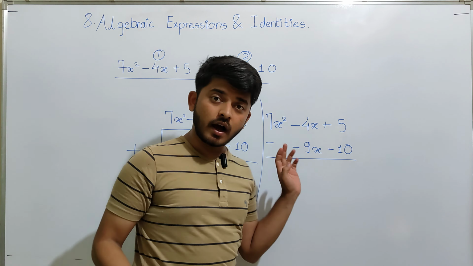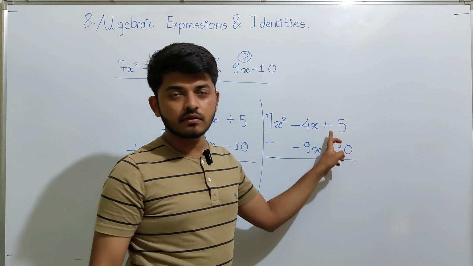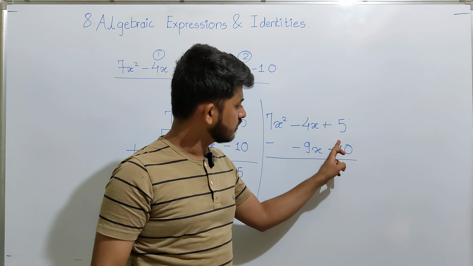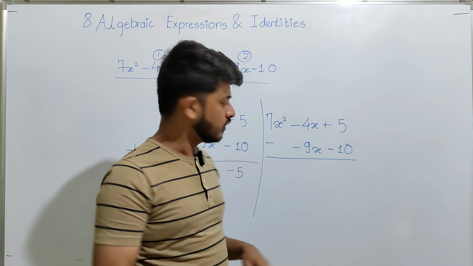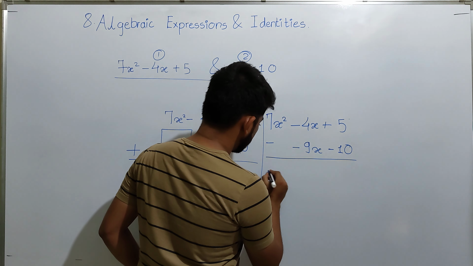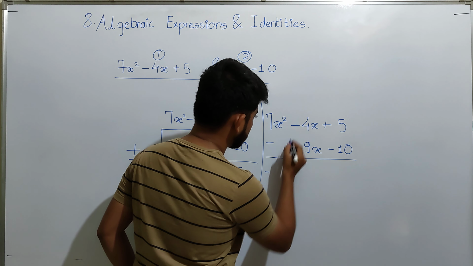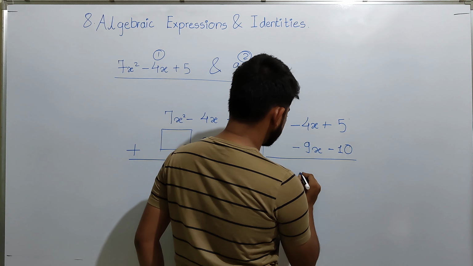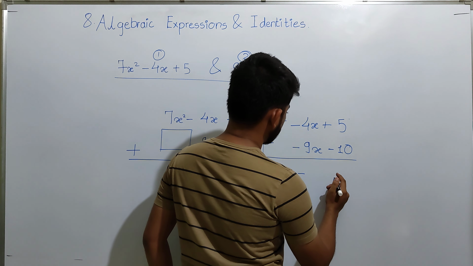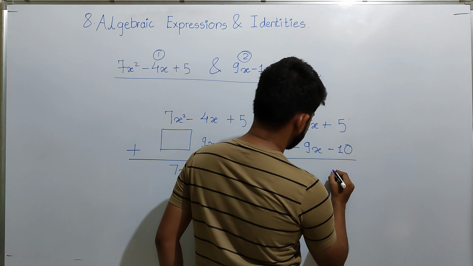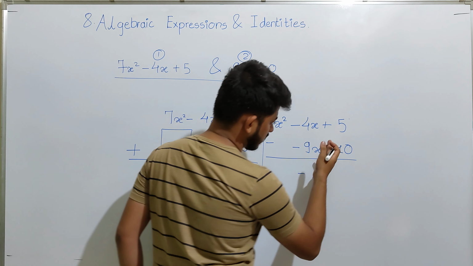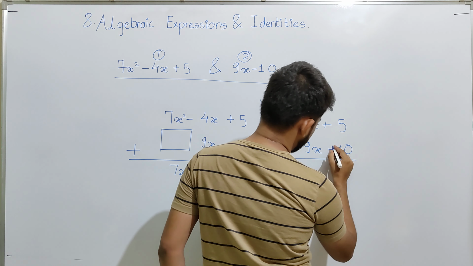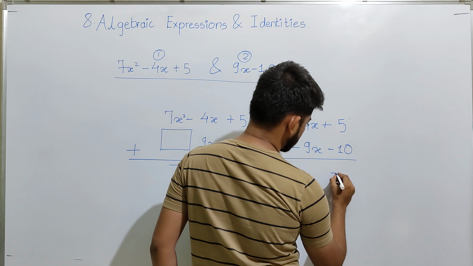And I'm going to subtract again, minus 10 from 5. So this becomes minus as minus. This also becomes minus. Whatever answer comes, it becomes minus, and this becomes plus.